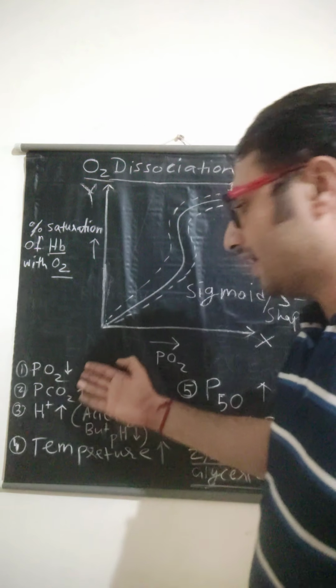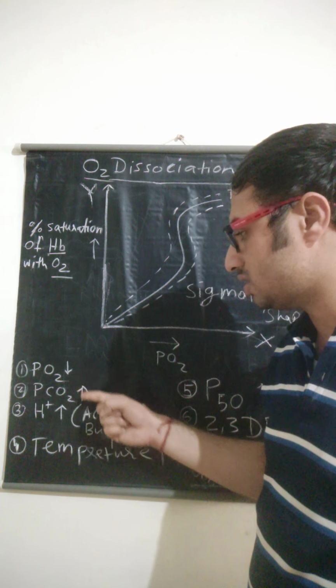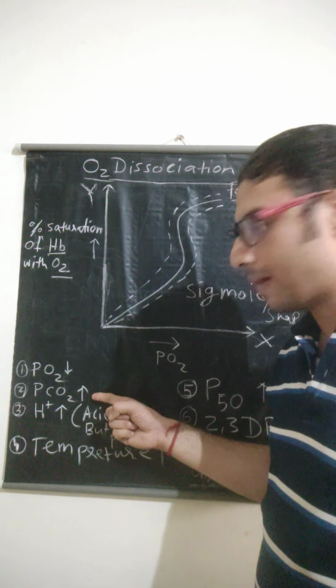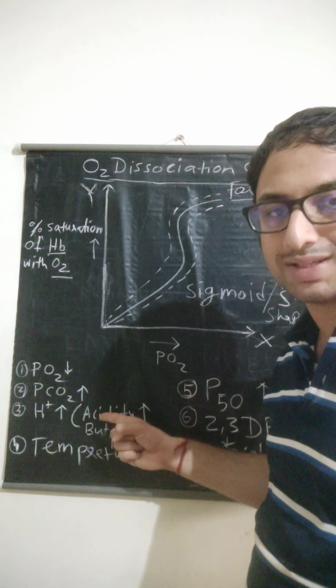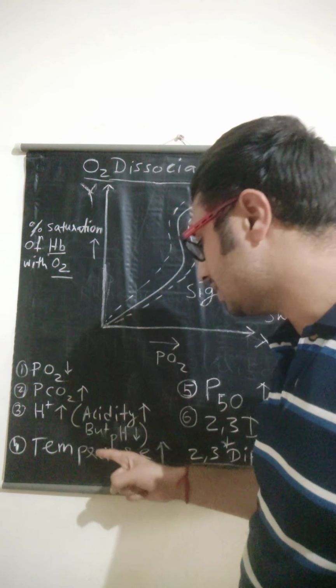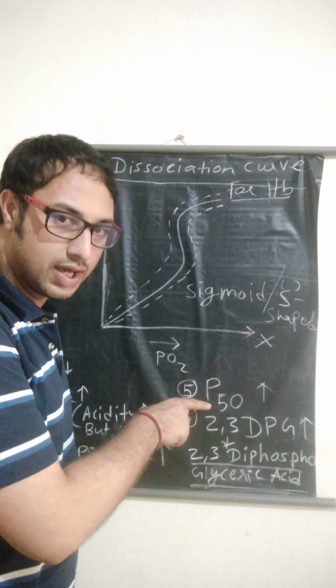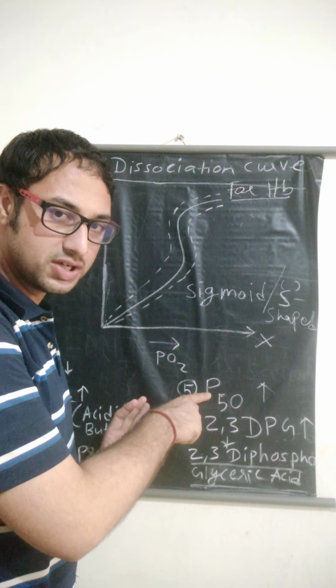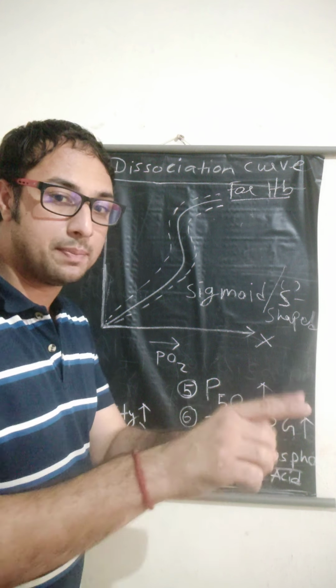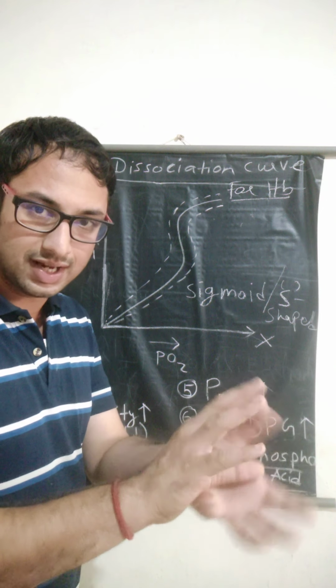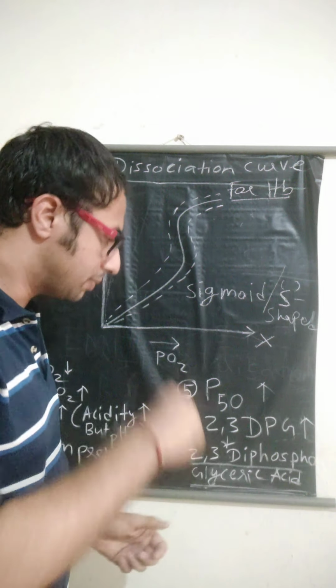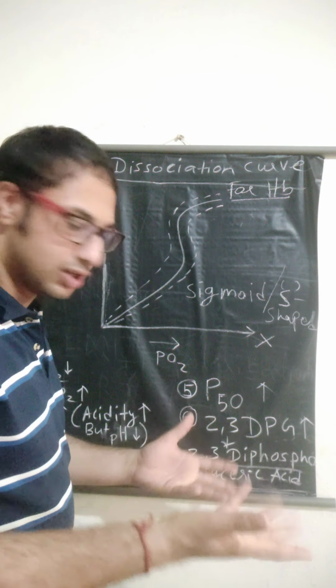So all these factors: low partial pressure of oxygen, high partial pressure of carbon dioxide, high H plus ion concentration meaning high acidity, high temperature, and high P50 value, the partial pressure of oxygen at 50% saturation of hemoglobin with oxygen.